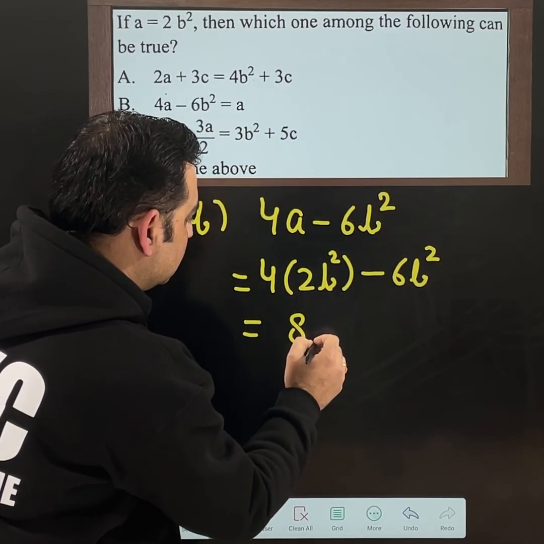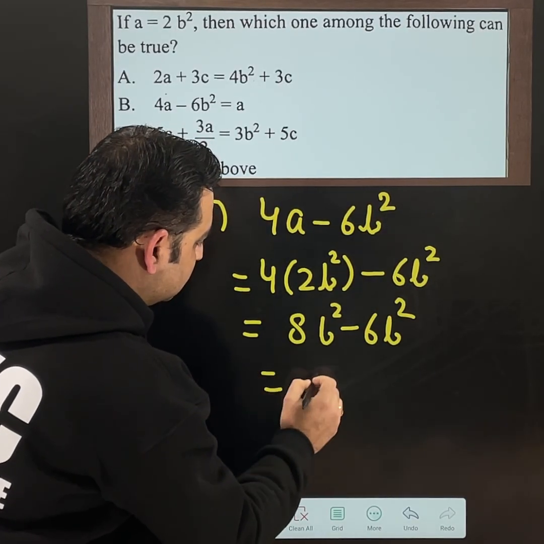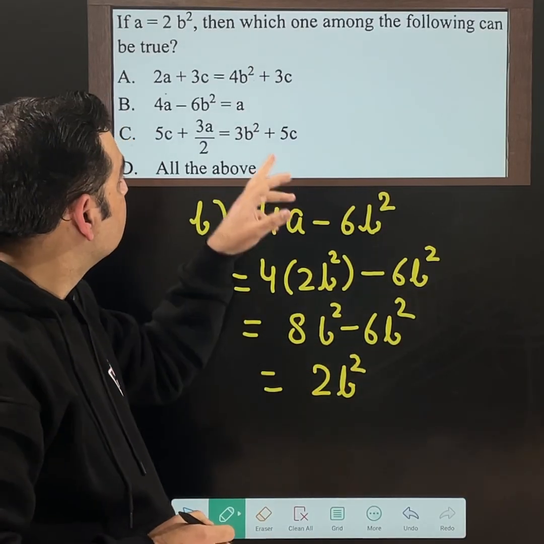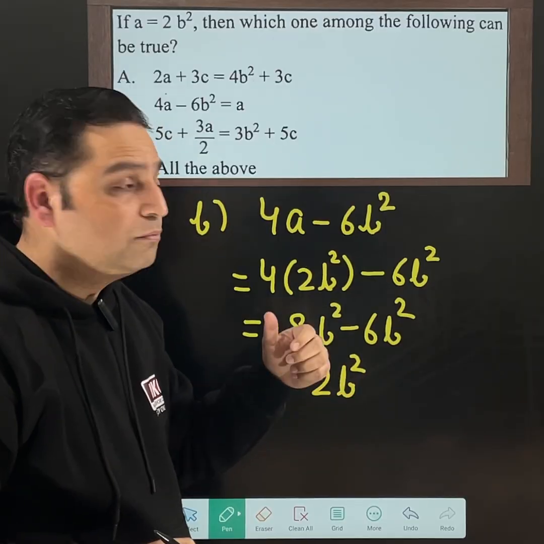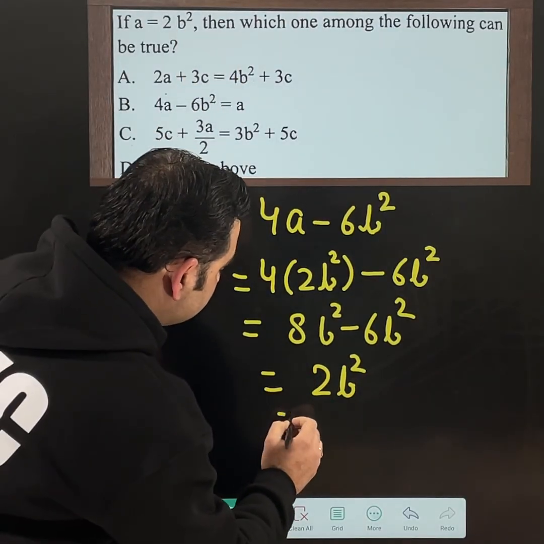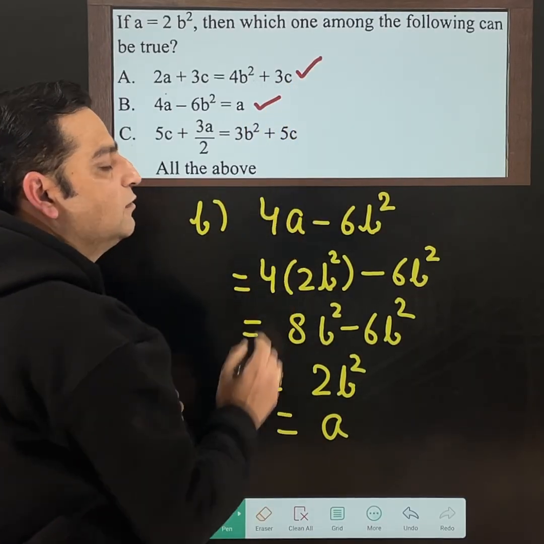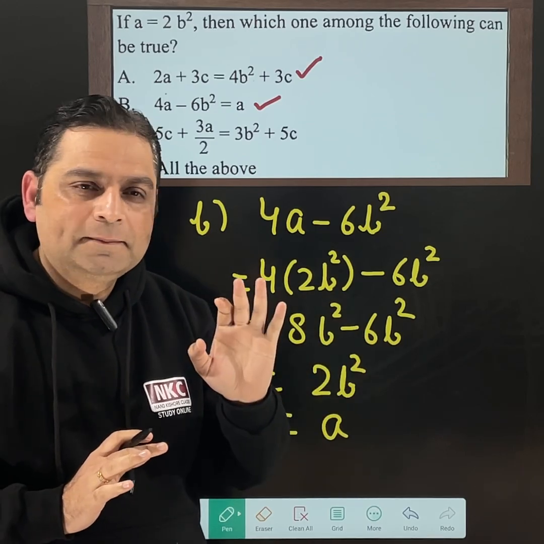It is 8B square minus 6B square, and 8 minus 6 is 2B square. I have done all the steps and no doubt my answer is coming as 2B square, but what is given? That 2B square is equal to A. That means B option is also correct. So I have observed that two options are correct.